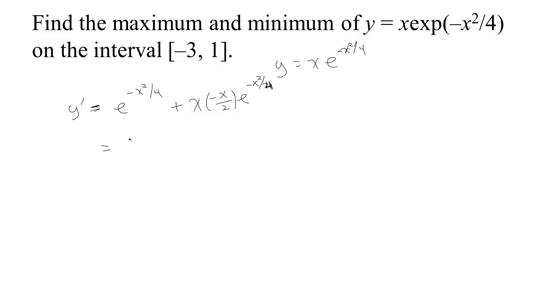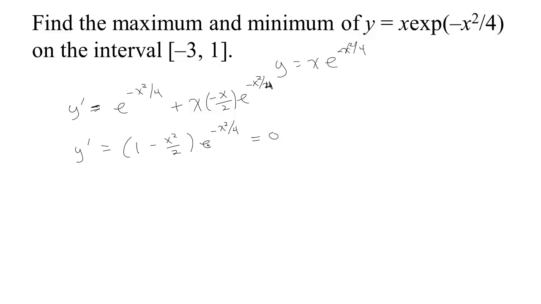Now we're looking for critical points, places where the derivative is 0 or undefined. I'm going to factor the function. If I pull out e to the negative x squared over 4, then I have a 1 from the first term and a minus x squared over 2 from the second term. Our derivative is always defined, so we can just focus on places where the derivative is 0.